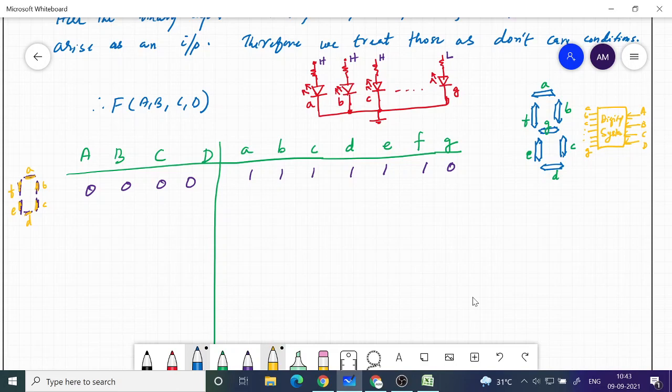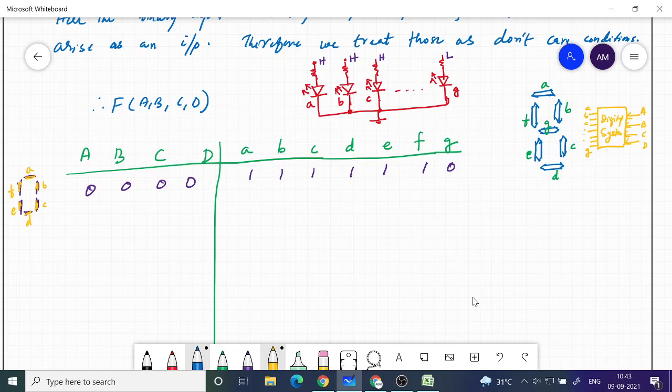How can we do that? We give 1 to each of these LEDs from small a to small f. And G, this input, we give a low voltage or 0. Logic 0 means low voltage, logic 1 means high voltage. So that output is generated by the digital system, which we need to give to the LEDs.